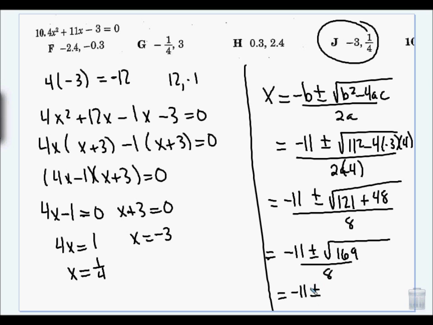And then the square root of 169, I think, is 13. Yeah, 13. So negative 11 plus 13, 2 over 8 is 1/4. And negative 11 minus 13 is negative 24 divided by 8, negative 3. So factor it or quadratic it.